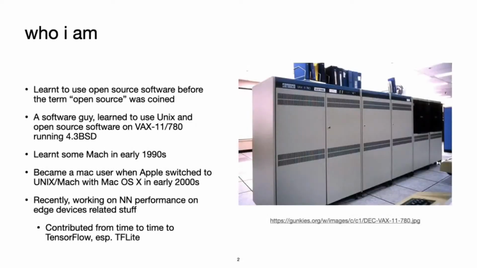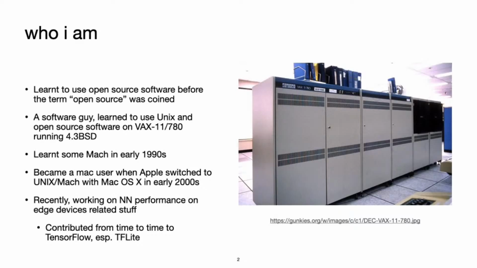Okay, who am I? I'm a software guy. I learned to use open source software before the term open source was coined. I learned to use Unix and open source software on a VAX 780 running Potash 3 BSD. I also learned some Mac in the early 1990s. I became a Mac user when Apple switched to a Unix OS with macOS 10 in 2001, I think.